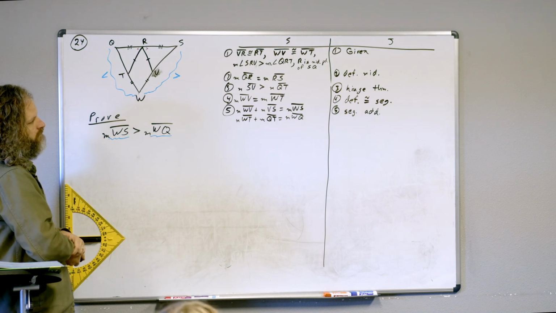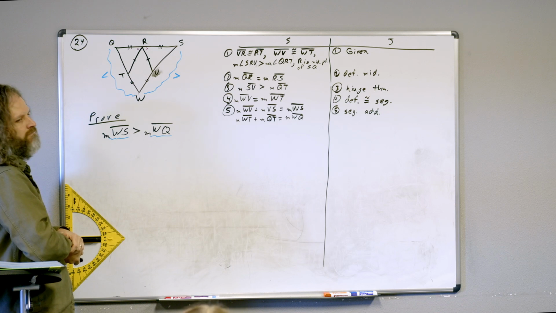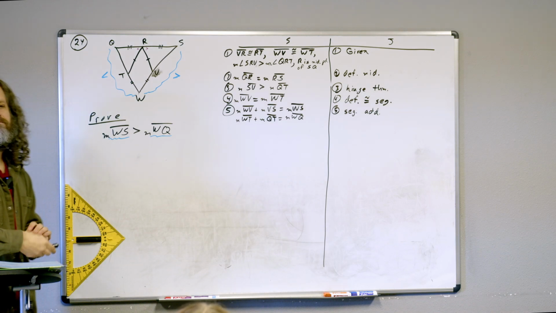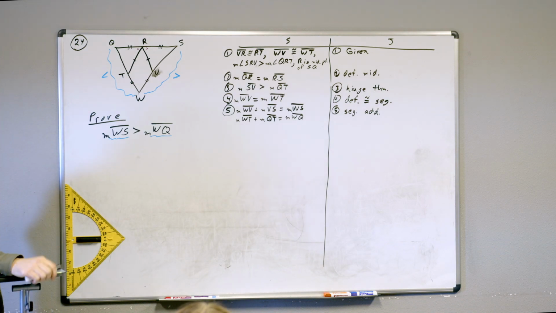So, we know that WT and WV are congruent, and we already have that QT is less than VS. True. It feels like it's already there. It is really close. We just got to figure out what theorems let us rearrange it to make it work.